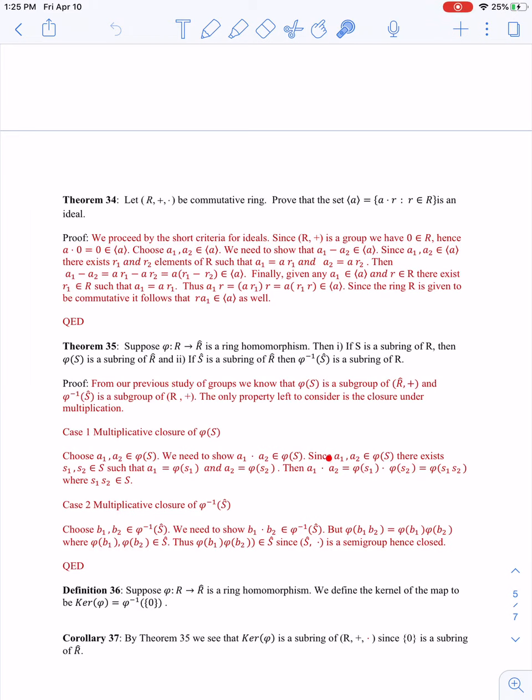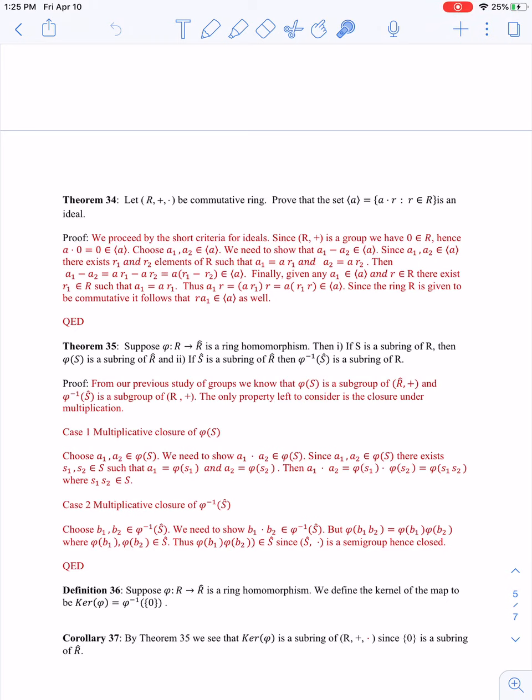All right, well, since A1 and A2 are in phi of S, there exist S1 and S2 in big S such that A1 is phi of S1 and A2 is phi of S2. Then A1 times A2 is phi of S1 times phi of S2, which is phi of S1 times S2, where S1 times S2 is an element of S because S is a subring.